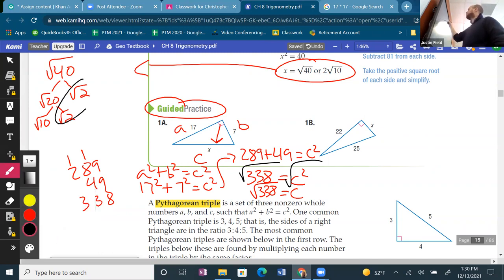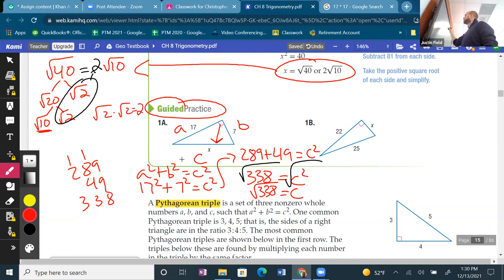If we were to multiply those together, we would get 2. So the square root of 40 is equal to 2, and then the square root of 10 is still there. That's because the square root of 2 times the square root of 2 equals, by definition, 2.